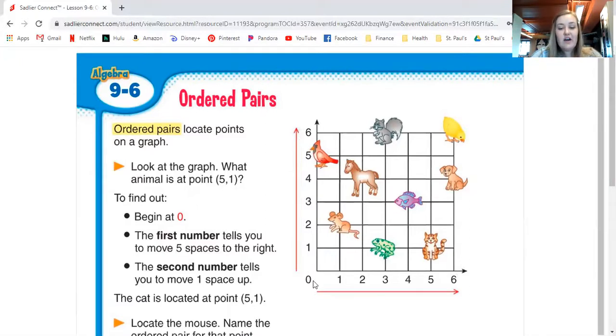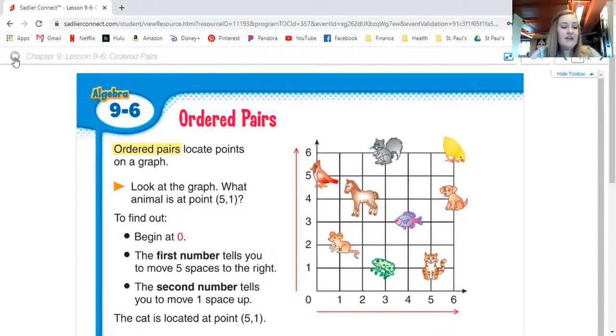I'm first going to start going over 1, 2, 3, 4, 5. So the cat's 5 over to the right and up 1. I would write that out as 5, 1. Remember, the plane always has to go down the runway and then go up. You can't go up and then down the runway. You've got to go over and then up.